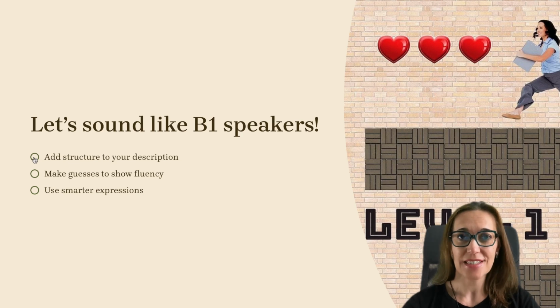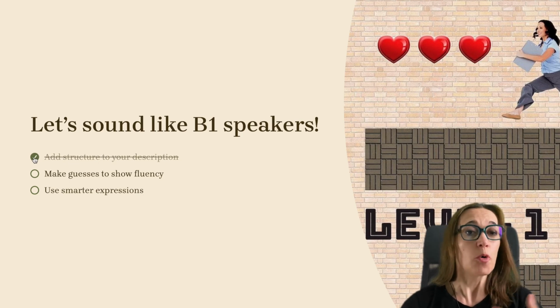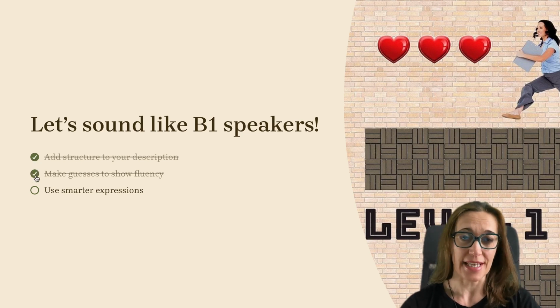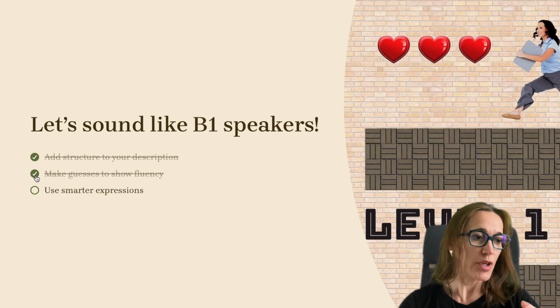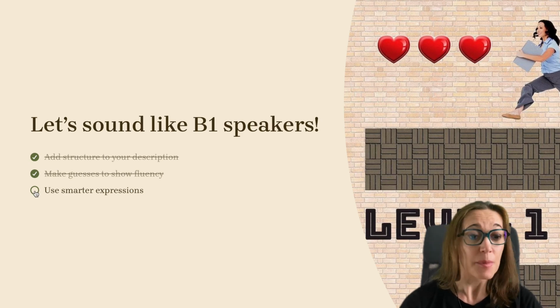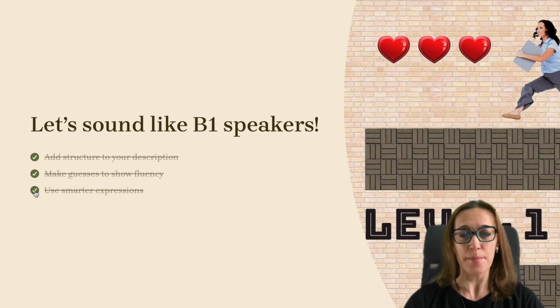Once this is done, we must go beyond the obvious and make guesses to show fluency. And last but not least, in case we forget a word, and this will happen under exam conditions, we must use some smart expressions not to freeze when this happens.